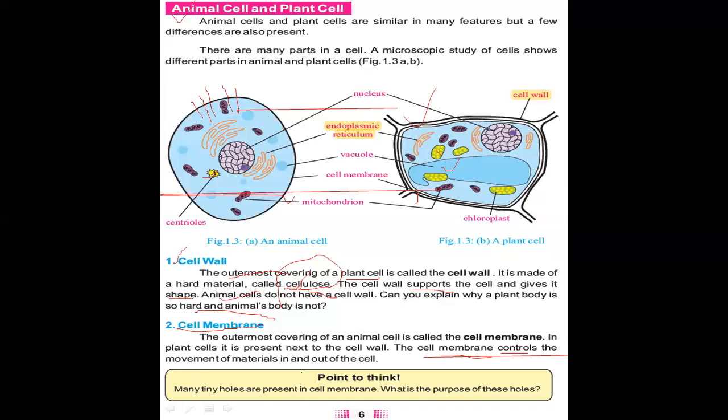So let's think about that many tiny holes are present in cell membrane. What is the purpose of these holes? These holes which are present here in the cell membrane, these are actually what? These are proteins.